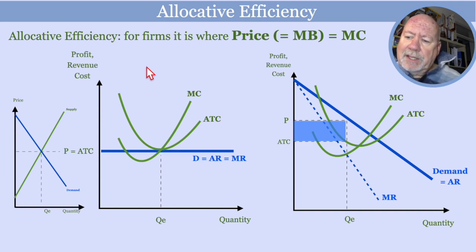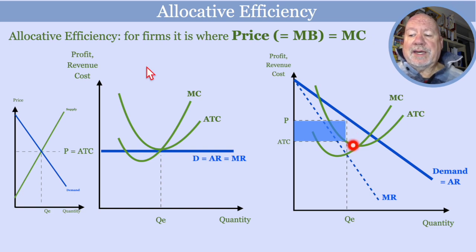With a monopoly, it's different, and you need to watch the monopoly competition video to see the full explanation of the differences. But in a monopoly, the average revenue is always higher than the marginal revenue. So at the point of profit maximizing, where you set your MR equal to your MC, the price is bigger than the marginal revenue, which is equal to the marginal cost.